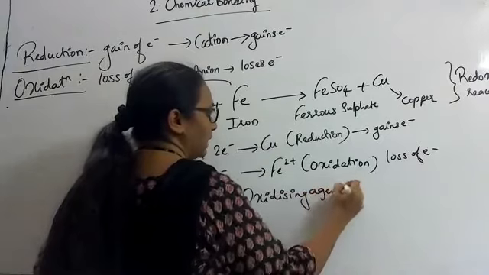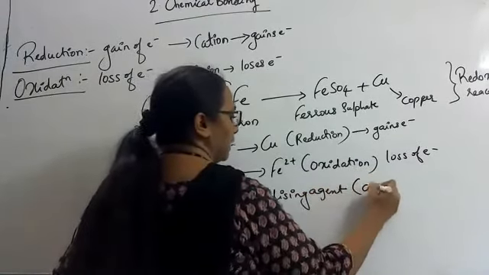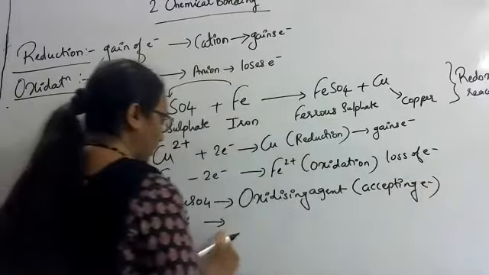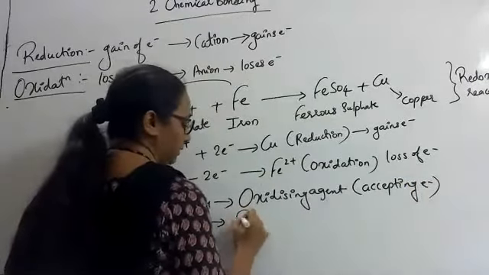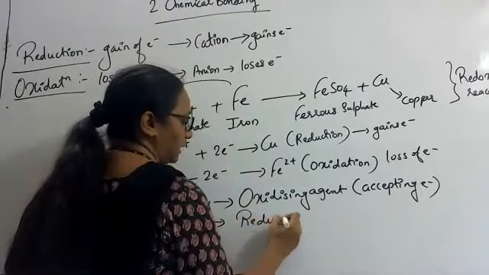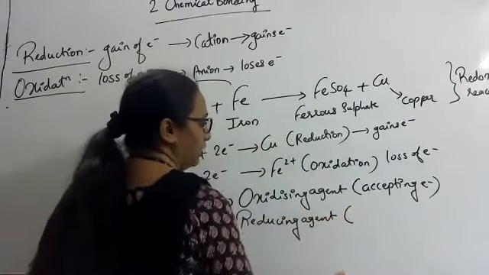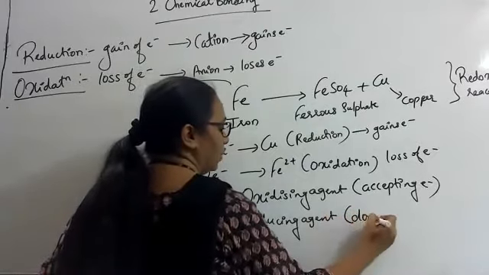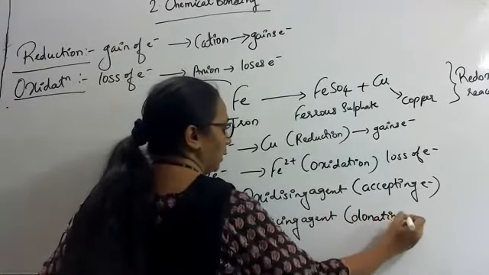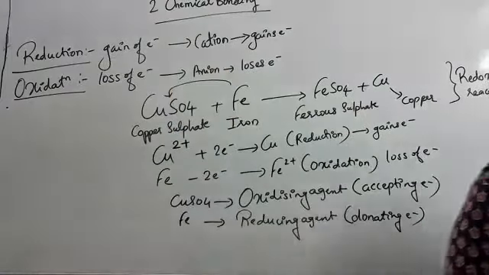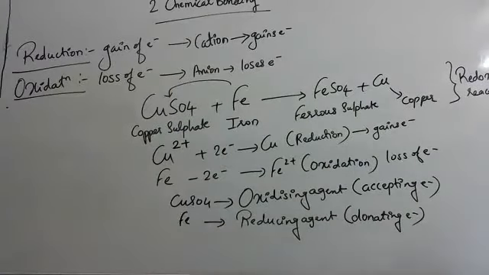Because it is accepting electrons. And this ferrous or iron is acting as a reducing agent. Why? Because it is donating electrons. So copper sulfate is acting as an oxidizing agent and ferrous is acting as a reducing agent.